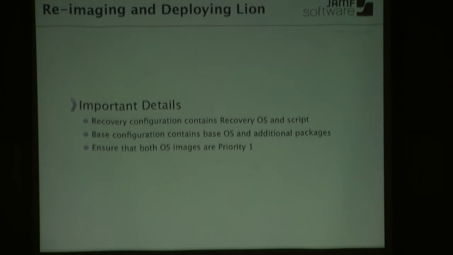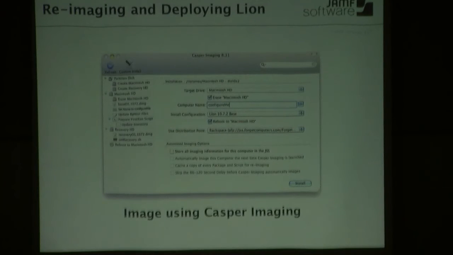Another thing to note is that we want to set the priority to 1 for these operating systems so that they install first. If they install second or third, you can have problems. You want to get those operating systems down there first. And the scripts will be set to after, so that once the base operating systems are laid down, the scripts will run afterwards.